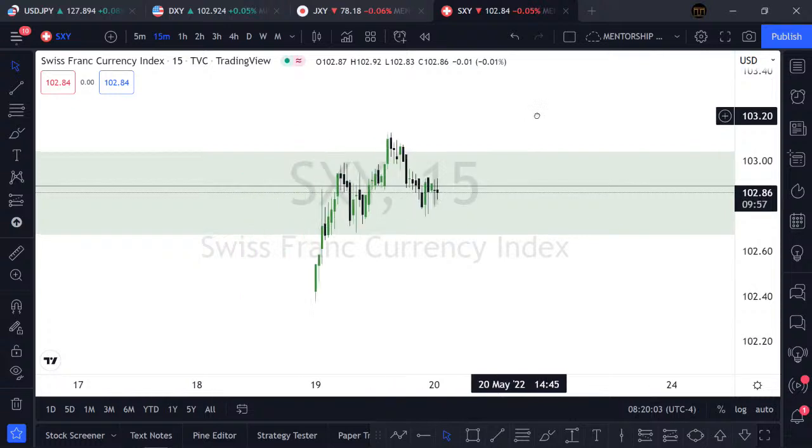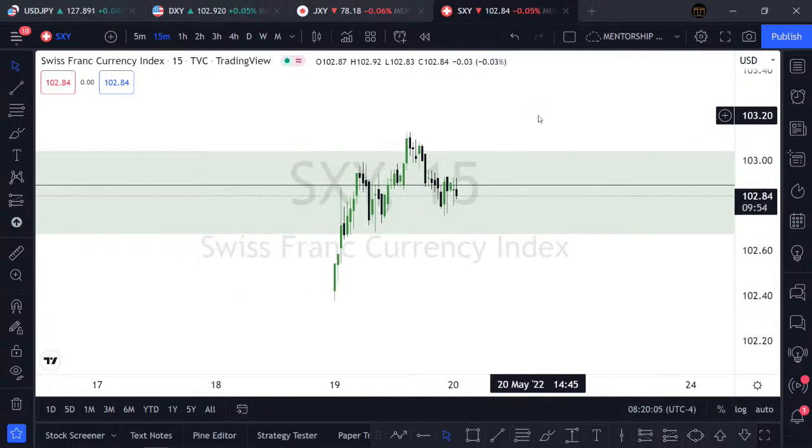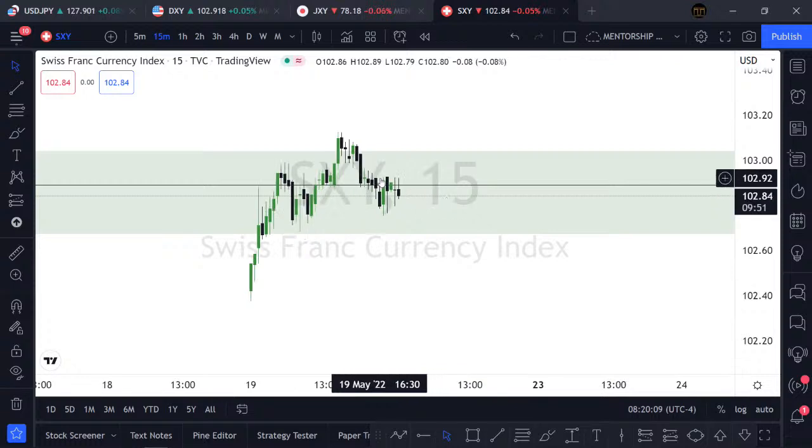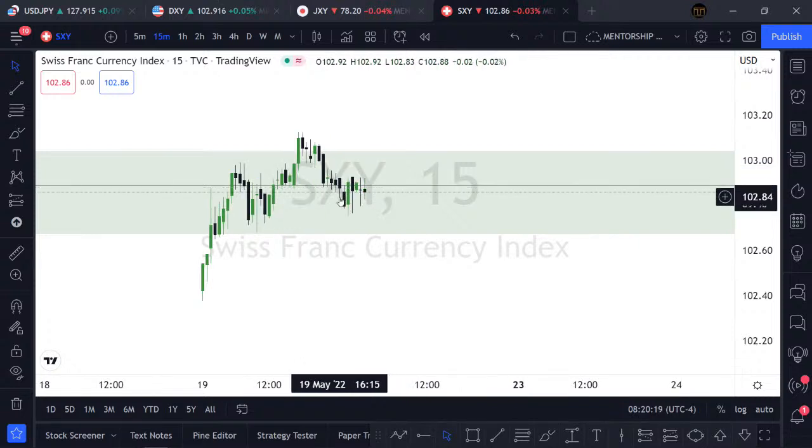So we are not seeing any volatility on this, according to me. But in case there is volatility on the Swiss pairs, do not say that. According to me, I won't trade this. Why? Because the index, we see, we just opened exactly where we closed yesterday.